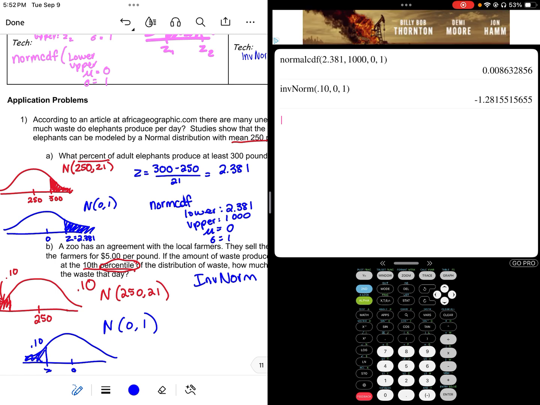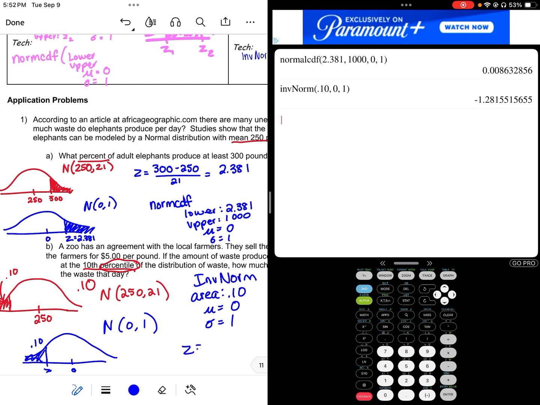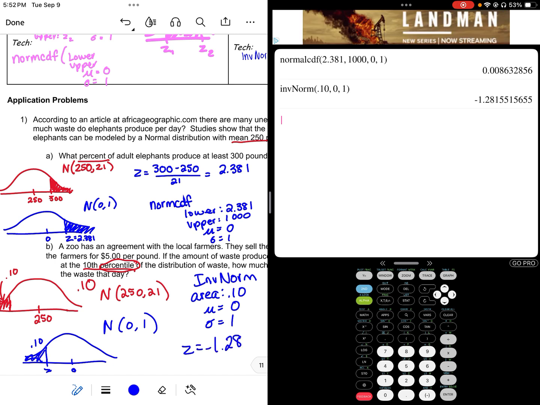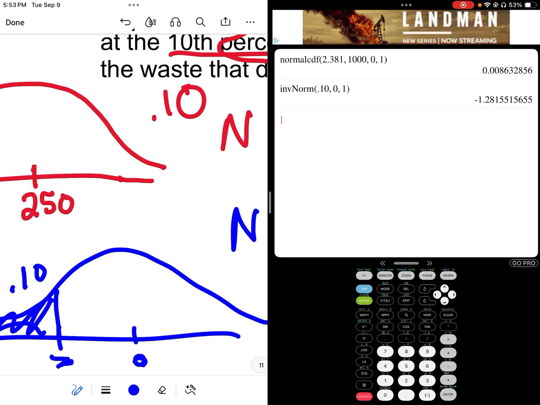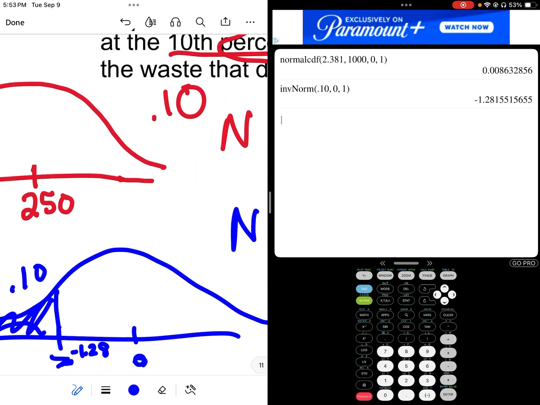Okay, so our z using inverse norm, well, let's write area is 0.10, mean is 0, sigma is 1. So our z is negative 1.28. Okay, so that is what goes here, negative 1.28.